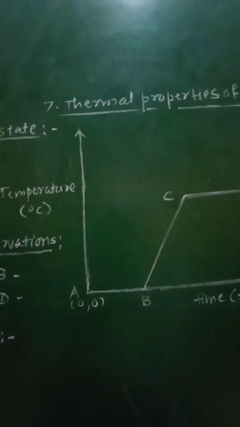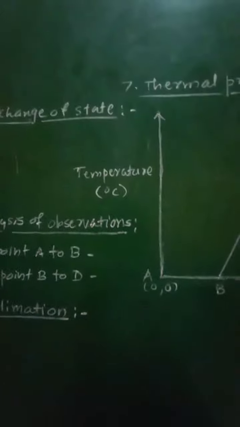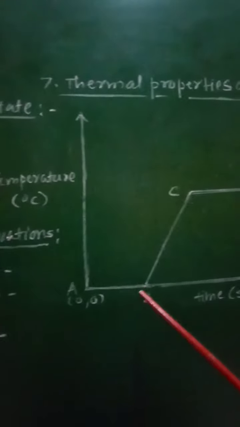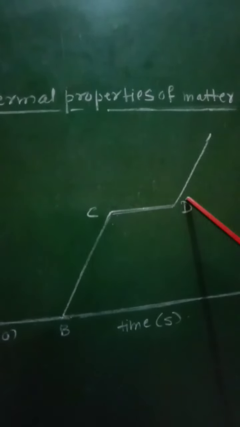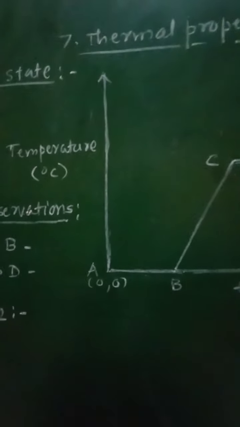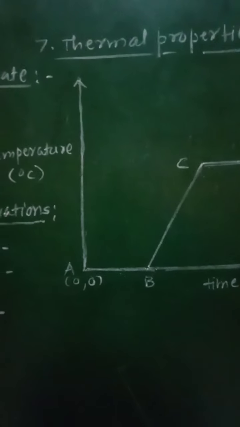And now let us consider the second point, that is, analysis of the observations from point B to point D. So from point B to point D, what will be the analysis of these observations? For this, let us consider the first point.